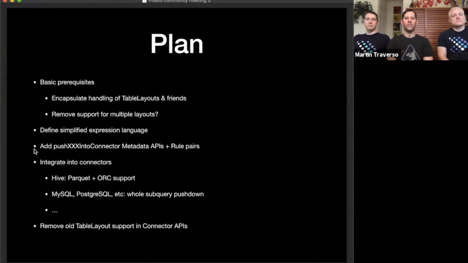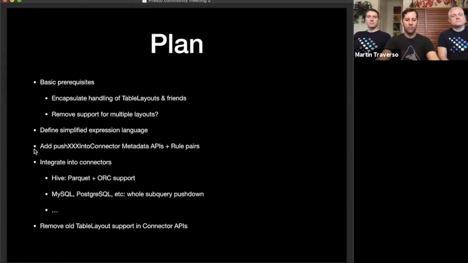Instead of implementing these APIs of push join into connector, push aggregation into connector, you can just provide a rule that does it for them, but leverages all the behavior they had implemented in the beginning. So this is something we can walk our way into instead of having to wait until everything's done.